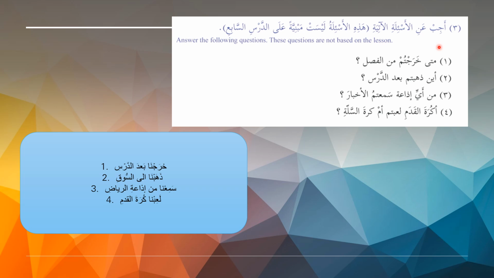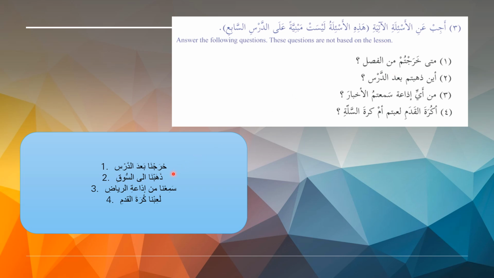In question number 3, you need to answer the questions here, and this question is not related to the lesson, and these are random questions. So how to answer the question? متى خرجتم من الفصل؟ So the question is being directed to the male plural. خرجتم من الفصل. When did you all leave the classroom?